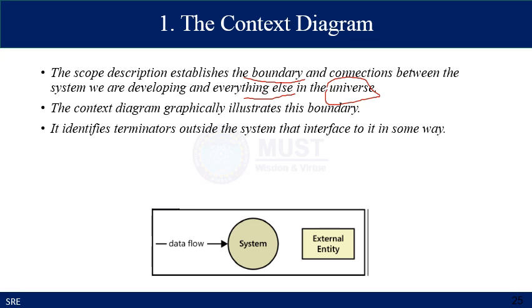The context diagram graphically illustrates this boundary, and it identifies the terminators outside the system that will interface to it in some way. For example, we have a system and two different external elements, such as a data flow which is fed to the system, and an external entity which is related to the system in some other way, and this box defines the system scope boundary.